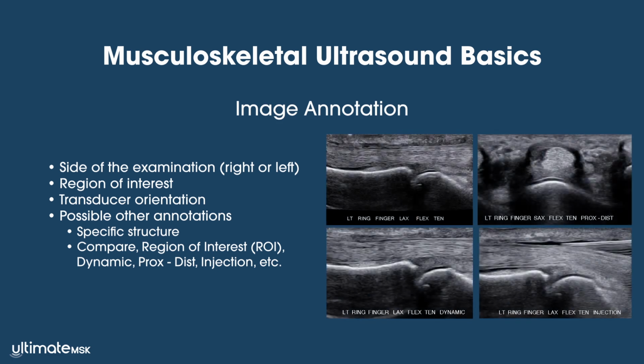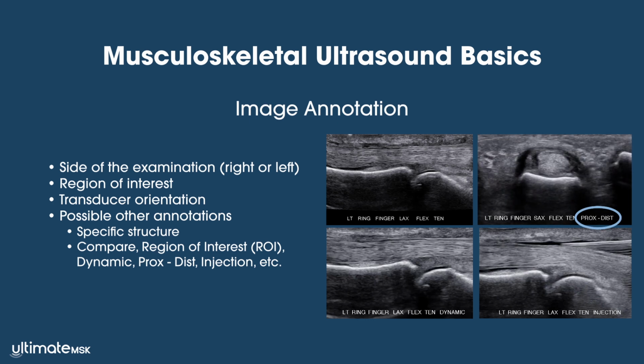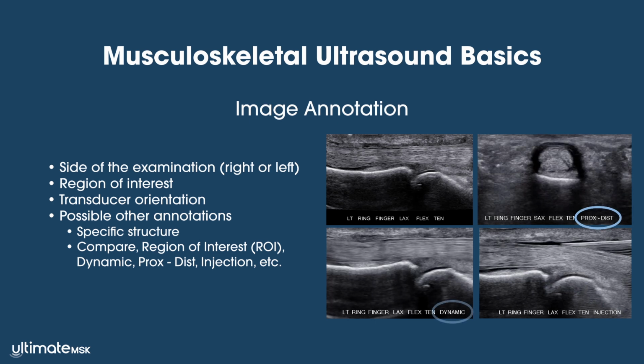This next example involves a patient referred for an ultrasound-guided flexor tendon sheath injection. In my initial images, I labeled the side, finger, and structure of interest. Additionally, I performed a short axis proximal to distal cine clip and a long axis dynamic flexion and extension video, labeling the image accordingly.